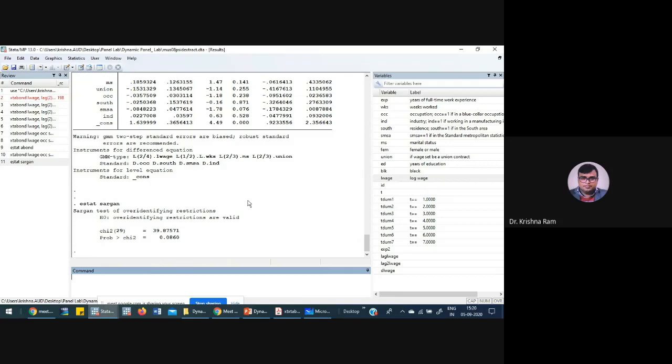Here it is implicitly assumed that we are working with the first difference estimator, and there we need to specify the same in a different form. But more or less we'll get a similar kind of result. So this much for today.